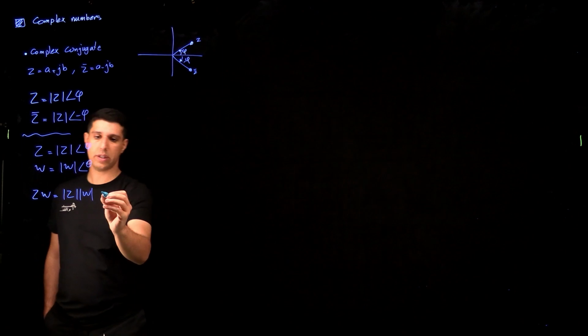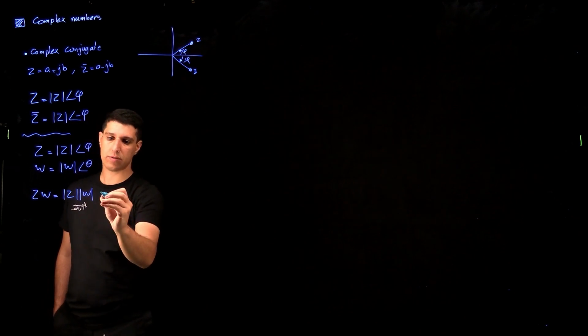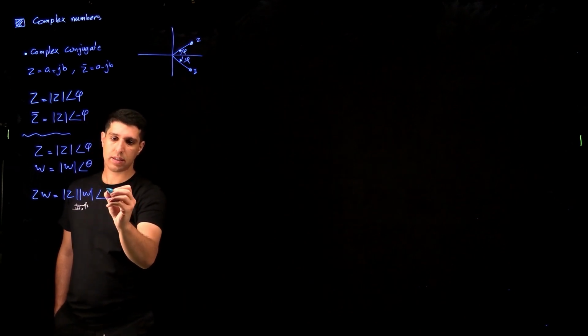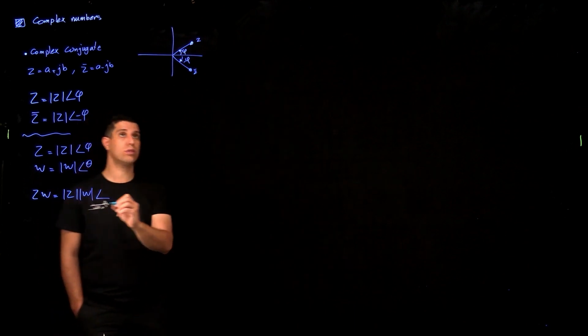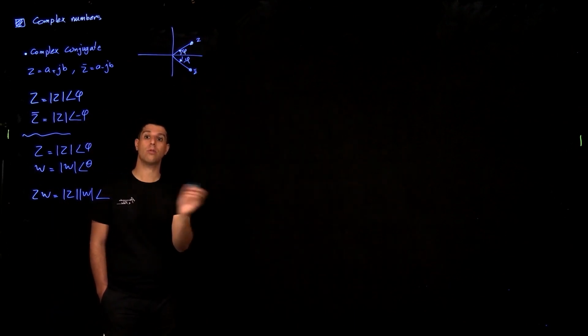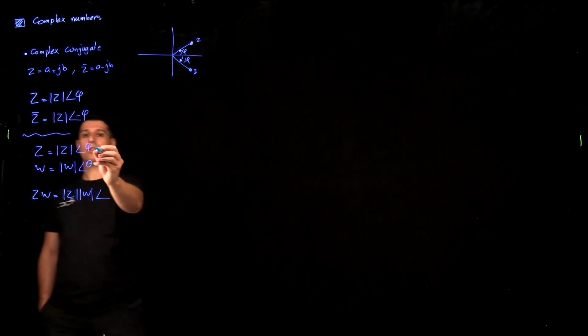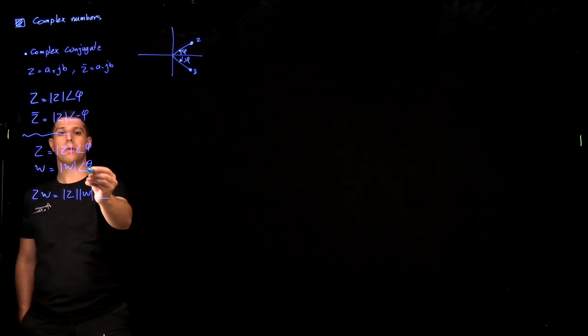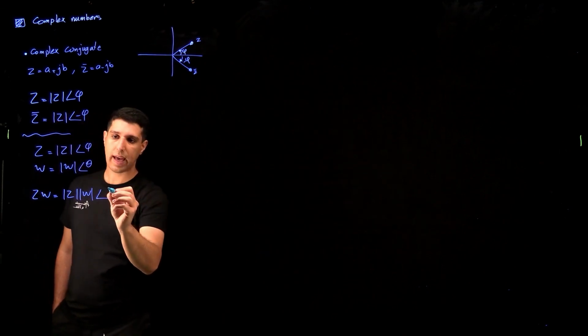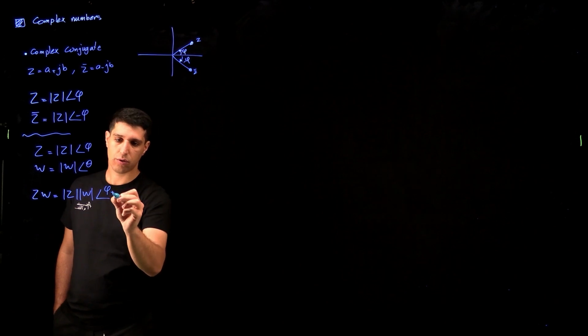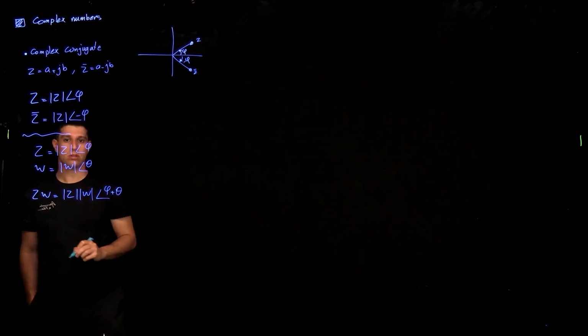The resulting number is the multiplication of the norms. And the good thing about complex numbers, you remember rotation. So we have this number multiplied by that number, the angle rotates with that amount.